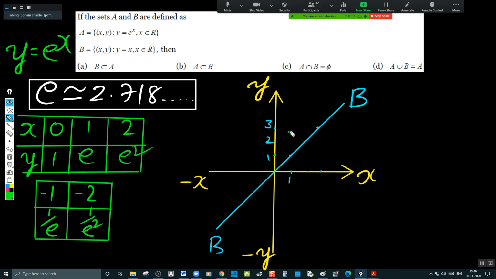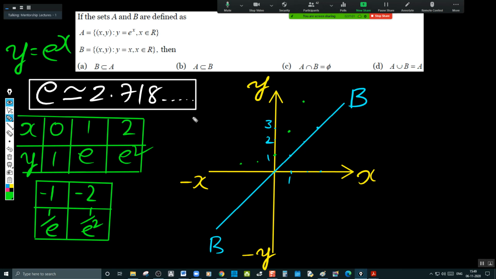For 2, what should it be? E square means more than 4, it goes 7.4. If it is minus 1, 1 by e, below 1. If it is minus 2, 1 by e square, still below that.